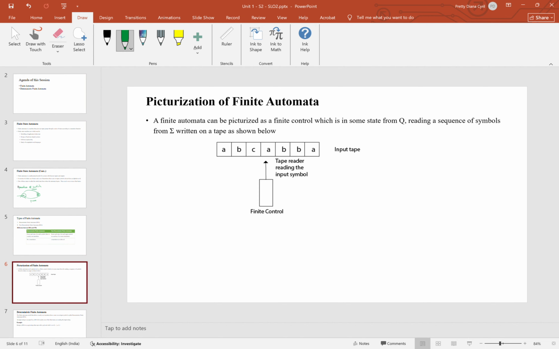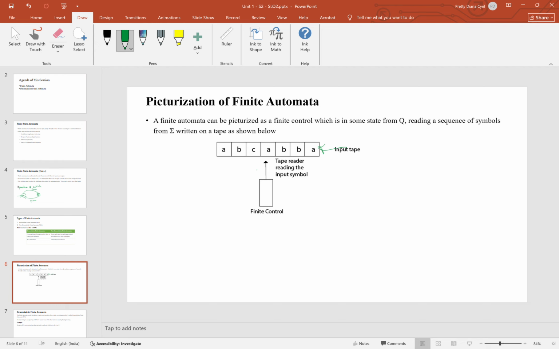Then the picturization of finite automata. A finite automata can be picturized as a finite control which is in some state from the set Q, and it has a reader. This is the tape and this is the tape reader. It will read the input one by one. The finite control contains some states from Q, and based on the input value the state will vary.